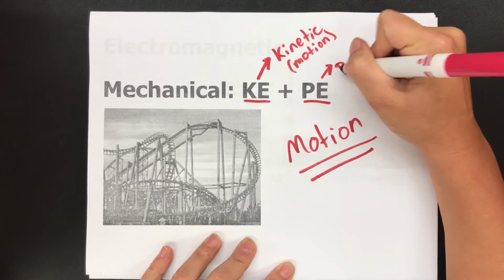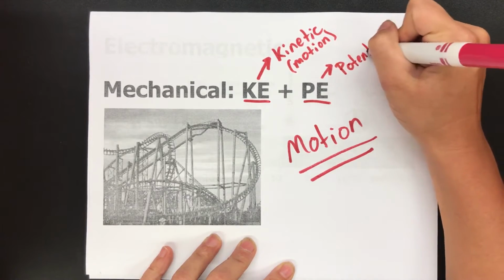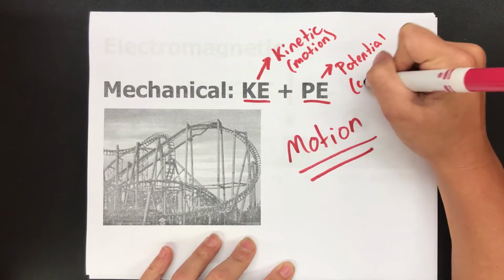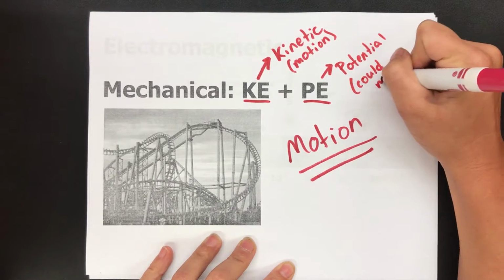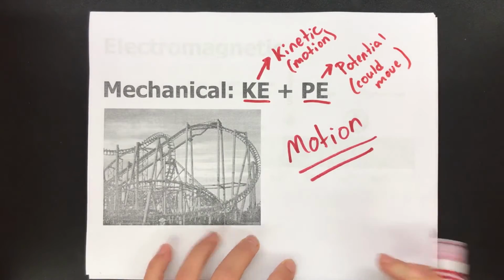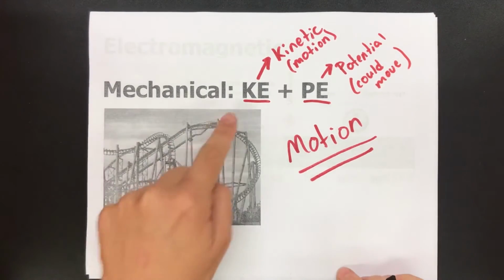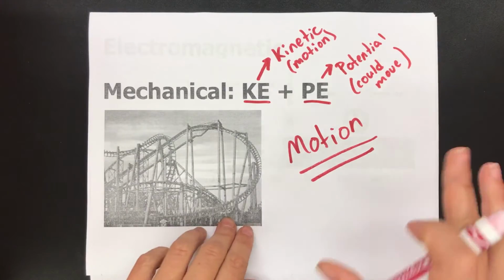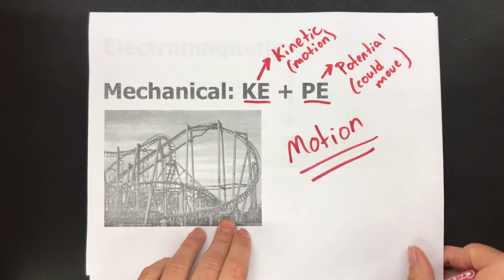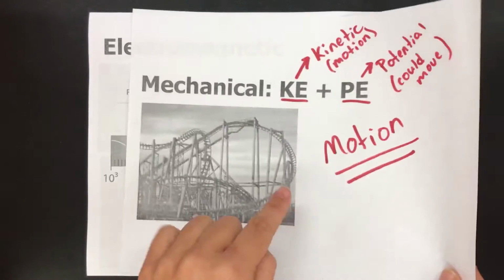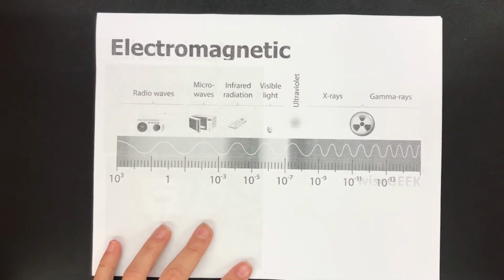Potential energy means it could move. So mechanical energy is just the sum of those two things, and we're going to talk more about those a lot later. So motion, that's how you know it's mechanical.